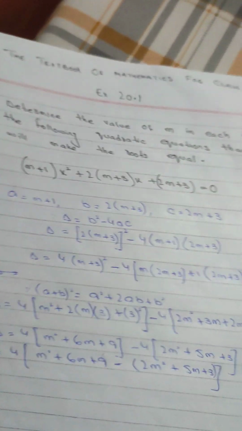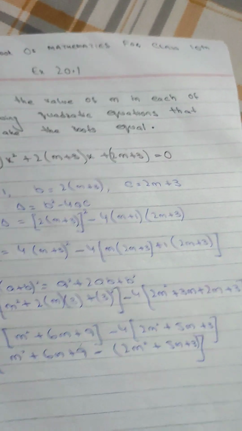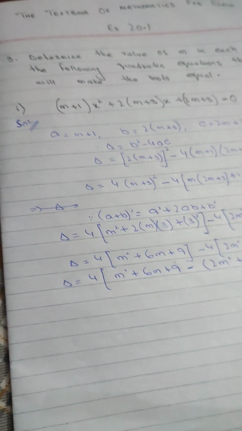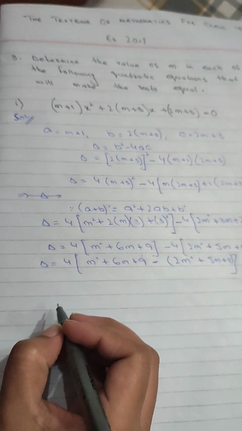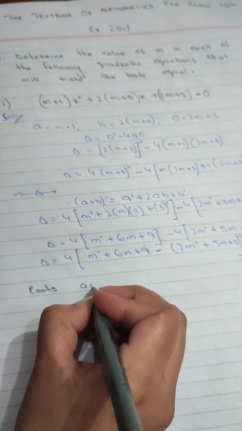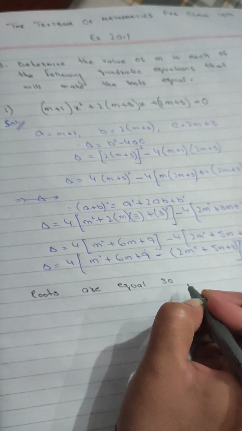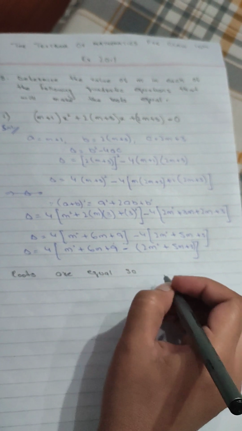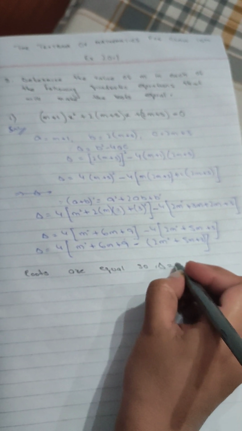Now the given condition is the roots are equal. If the roots are equal, then we put delta equal to 0. So we will write: roots are equal, so delta is equal to 0.